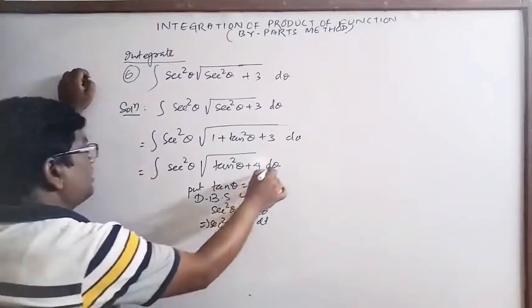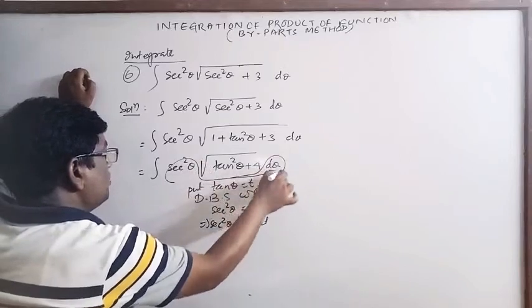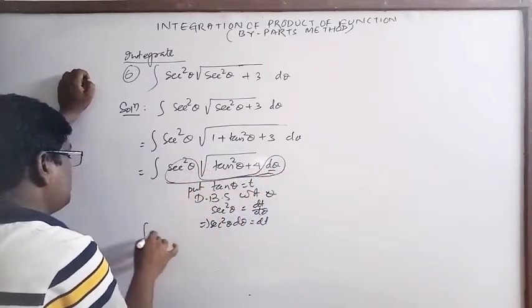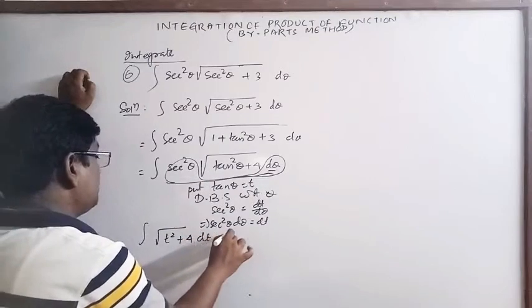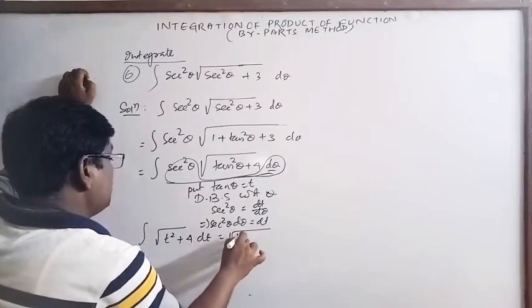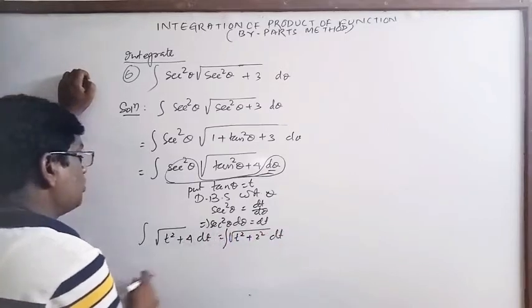Now sec square theta d theta is equal to dt. Clear? So this is root over t square plus 4 into dt, that is t square plus 2 square dt, that is formula number 2.